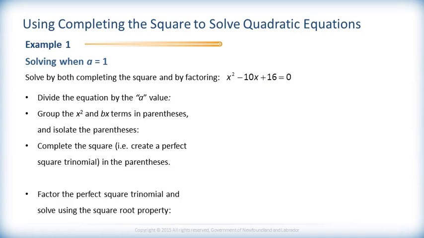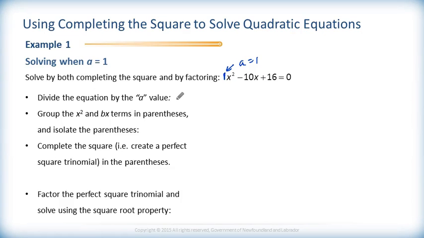Now, we want to use that along with the square root property we developed in our last recording to solve quadratic equations. So let's take a look at this example. x squared minus 10x plus 16 equals 0. How do we find the roots of that by completing the square? Well, our first step here says divide by the a value. But because the a value is 1, that's not going to make any difference.